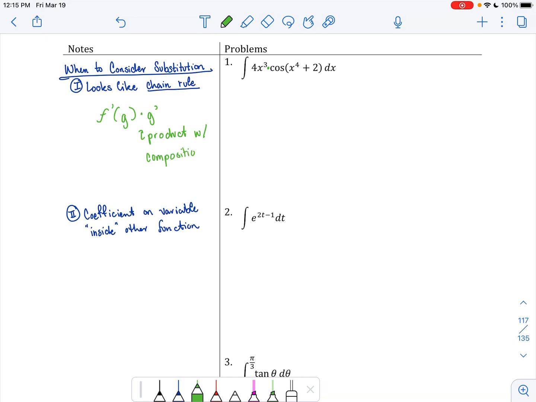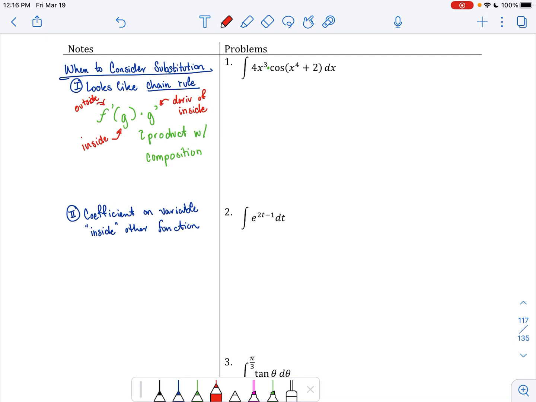So what that means is that you have an inside function, and then what we would call the outside function, f, and then we have the derivative of the inside function. So this is already at the chain rule, which this fits.